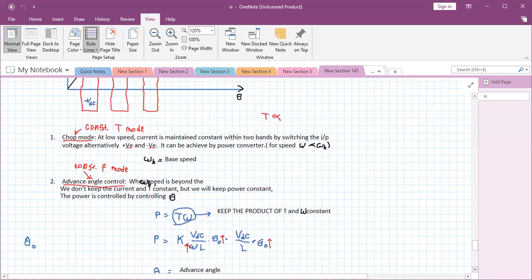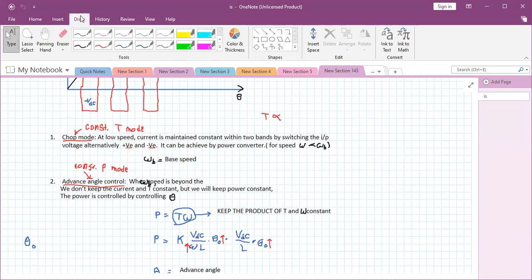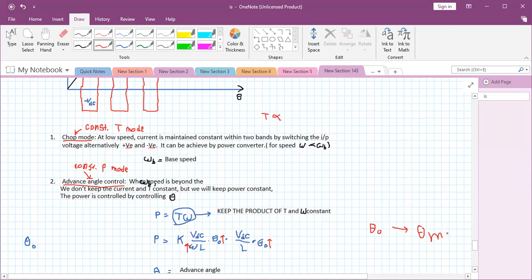Then up to how much can you increase theta naught? There is some limit, theta max. Theta naught can be increased up to theta max, but once it reaches theta max, we are not increasing beyond it, and still your speed is increasing.